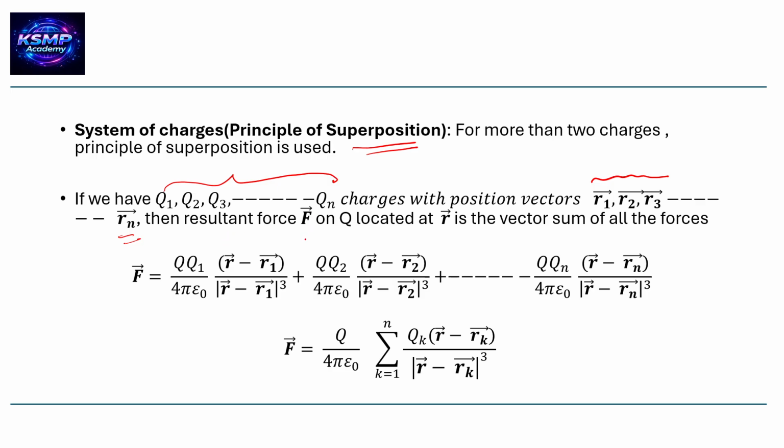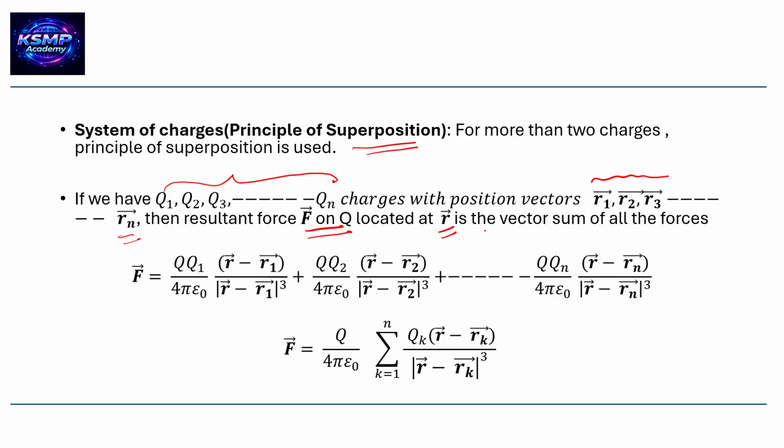Then according to principle of superposition, according to Coulomb's law, the resultant force we have to find. So let us see the resultant force F on a charge Q which is located at R.